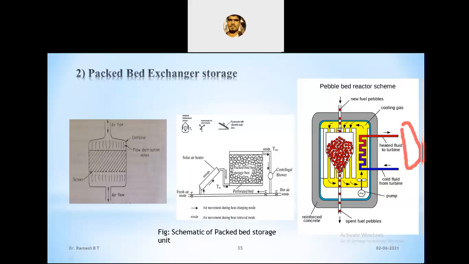Here there is heat exchange from the coil to the bed. The bed is surrounded by another substance, which absorbs the heat and stores it, and it can be converted to electric energy or chemical energy, whatever it may be. So this is a typical packed bed heat exchanger.